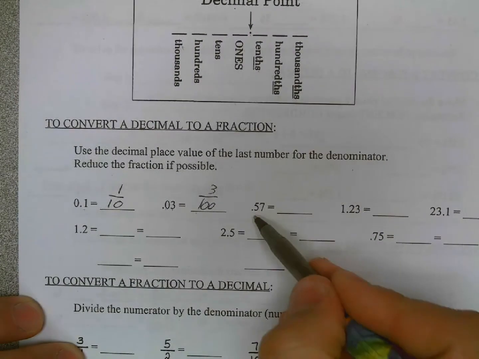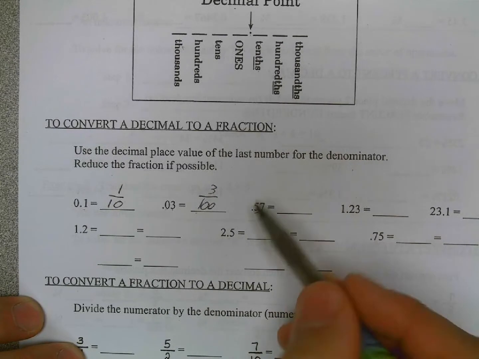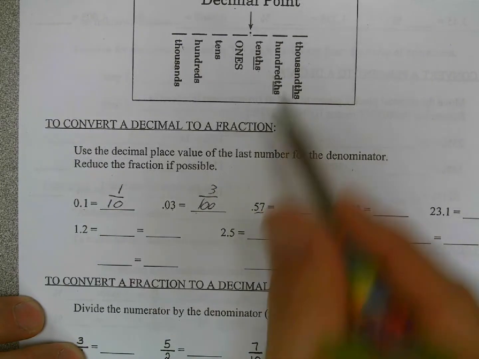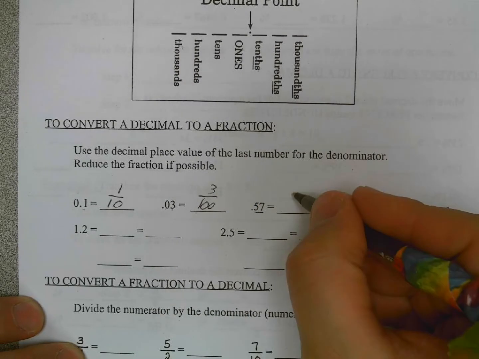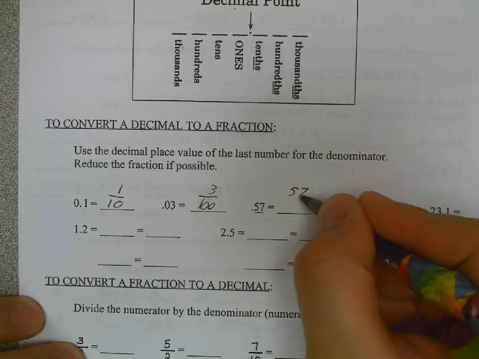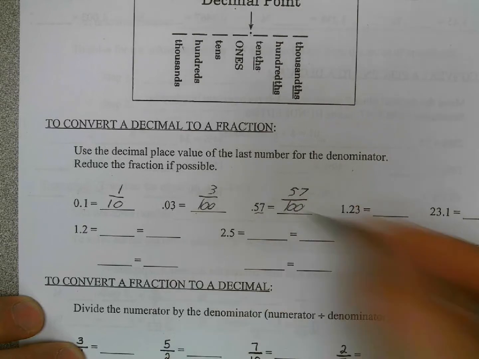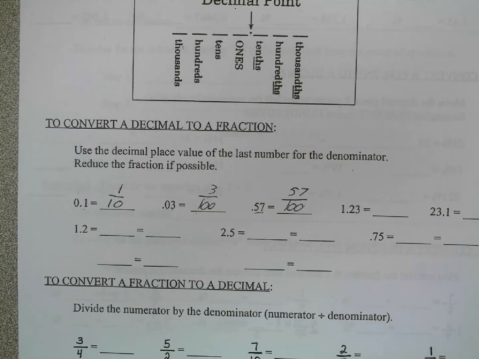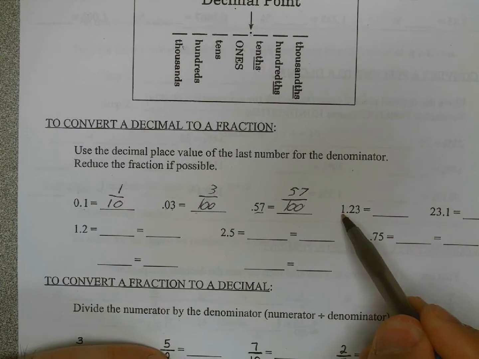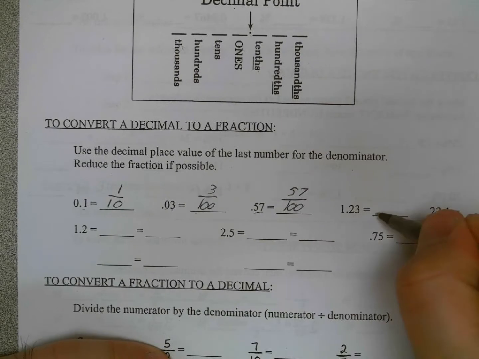Here we got 0.57 now. So we're going to look at the last spot. 1, 2, the 7 is in the hundredths place. So this is going to be 57, and the last number's in the hundredths place, 57 over 100. Okay? Now, if I have a 1 in front of the decimal, that's my 1 whole.